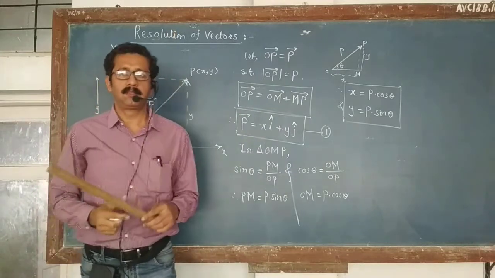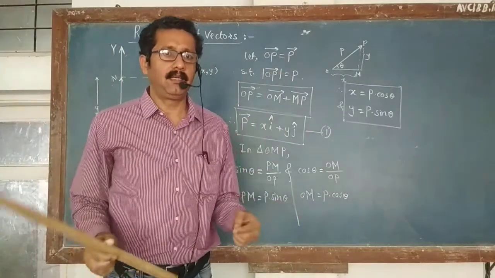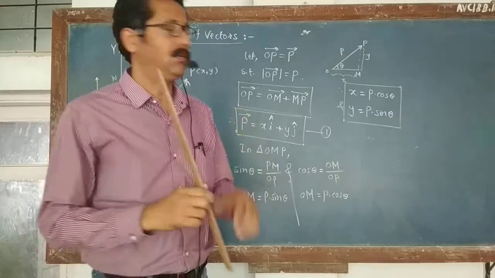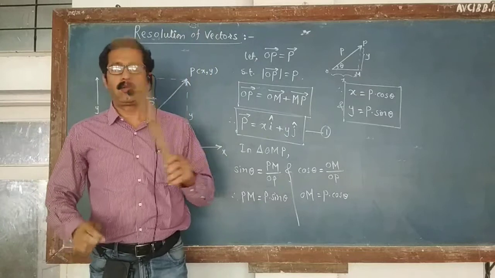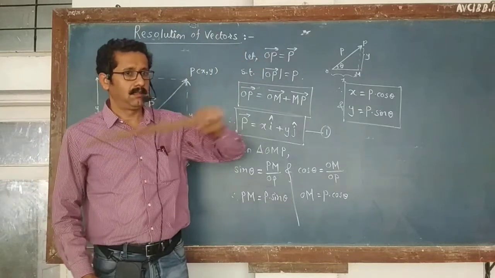What do I mean by this? By doing all this, what have I achieved? I'll tell you. Supposing I am considering that an object is thrown like this.